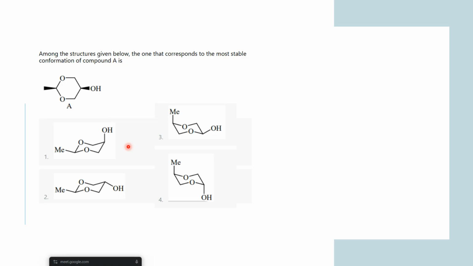So let us take the example of this compound which is given. Among the structures given below, the one that corresponds to the most stable conformation of compound A is. So compound A is now a 1,3-dioxane compound, and in this 1,3-dioxane ring we have two substituents, okay, one of which is methyl and the other is hydroxy.